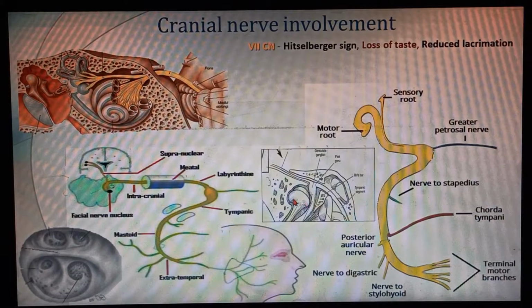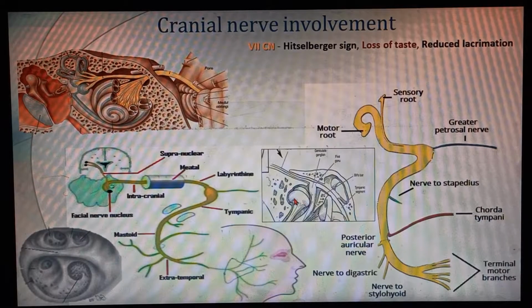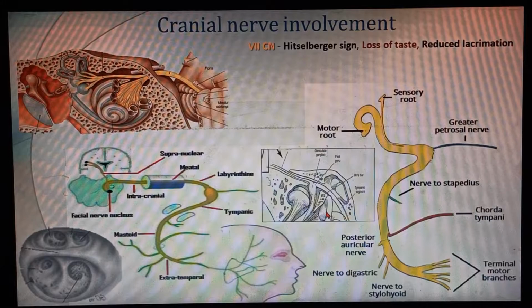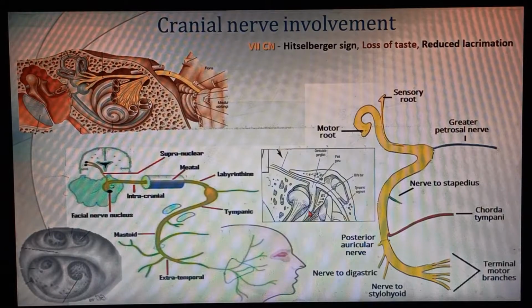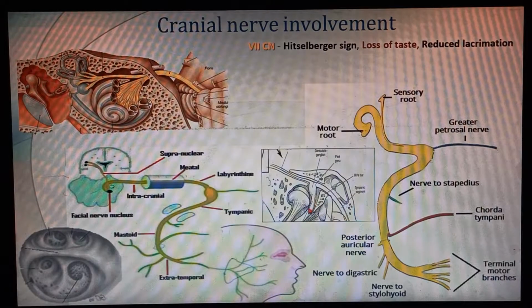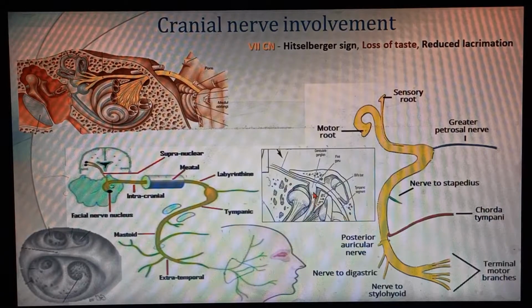I am seeing from above, superior view. So this is the cochlea lying anteriorly, and you can see semicircular canals lying posteriorly. So you can see the vestibular fibers passing over here, cochlear fibers passing over here, and you can see the facial nerve passing over here just above the labyrinth. So this is the labyrinthine part of the facial nerve.